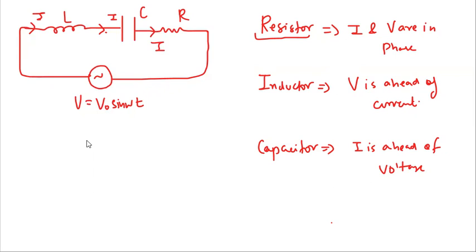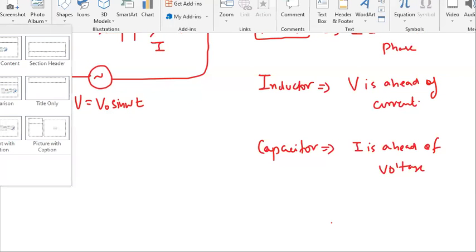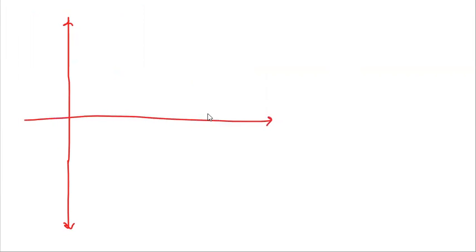So let's draw the phasor diagram. What is a phasor diagram? The phasor diagram will represent the current and voltage. Since current in all will be the same, suppose this arrow represents current.